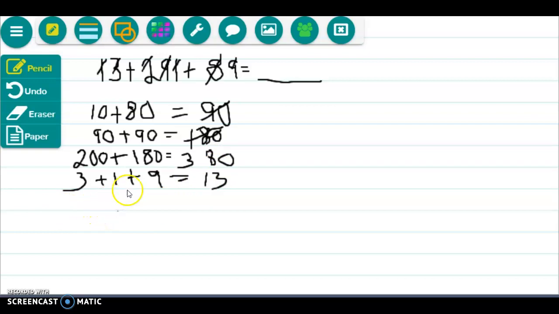And if you don't want to rewrite the problem, you can just add it like this. It's perfectly fine. But I'm going to rewrite it. 380 plus 13 equals 393.